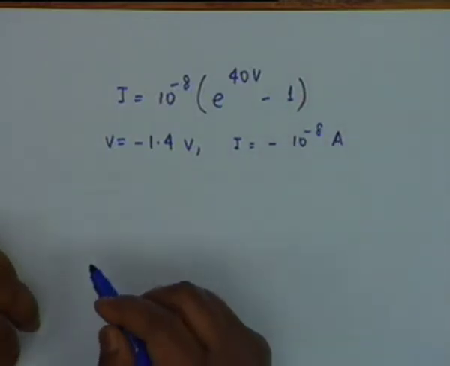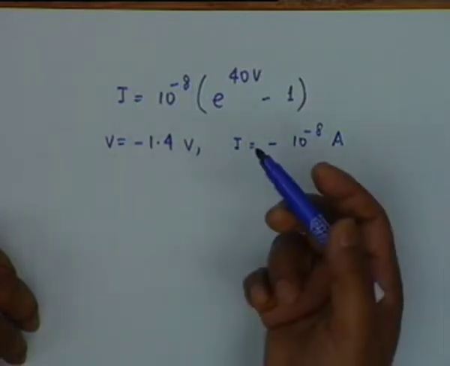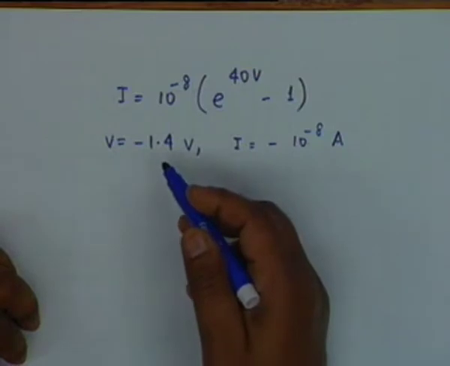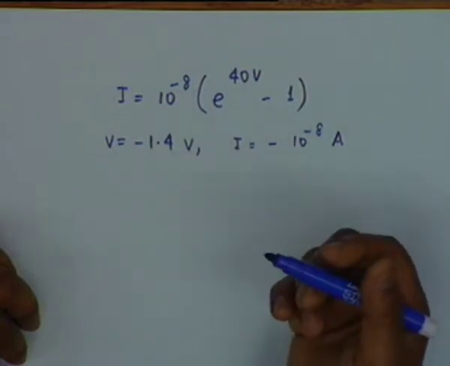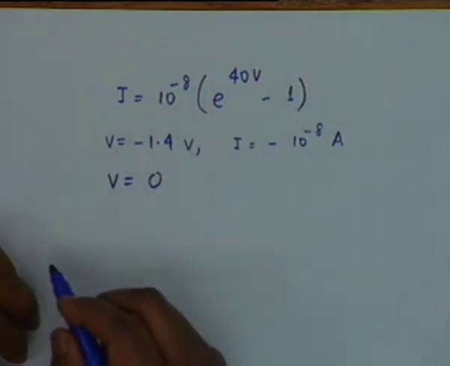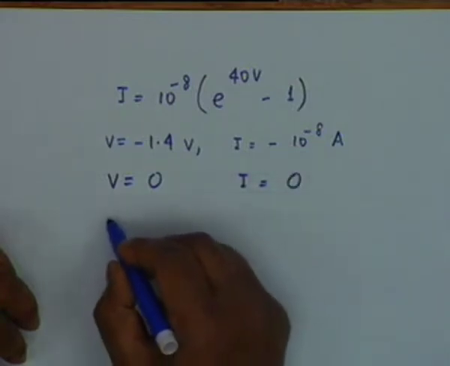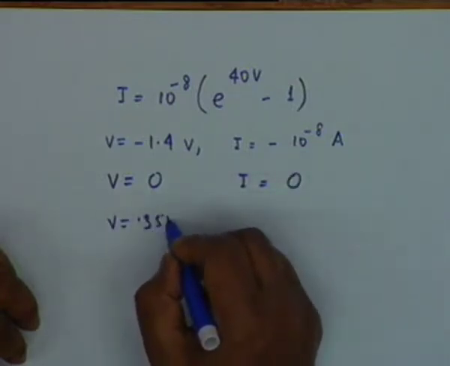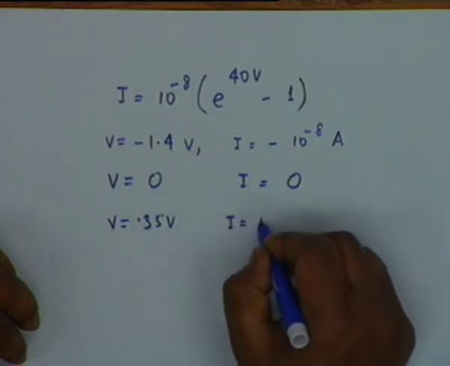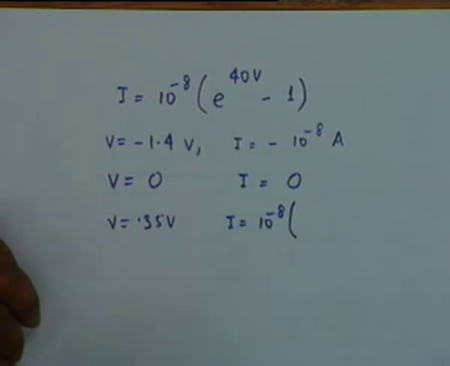Alright, is that okay? This is double of 0.7, even at 0.7 you ignored it, therefore at 1.4 it would be e to the minus 56, alright, so that can be ignored. If V equal to 0, then obviously the current shall be equal to 0, and if V equal to 0.35 volt, the current shall be equal to 10 to the minus 8 times (e to the 0.35 times 40, minus 1). 0.35 times 40 is how much?